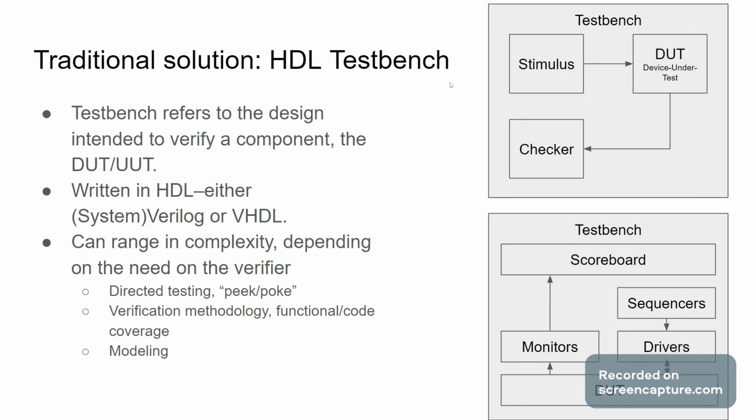And test benches could range in different levels of complexity. What's probably most common is your peek and poke directed type testing. I don't know how common the term peek and poke is, but where I work that's used a lot to refer to the most basic of tests. Those tests could just be stimulus into the DUT. You kick off your test and you just look at the waveforms to see whether or not anything comes out.